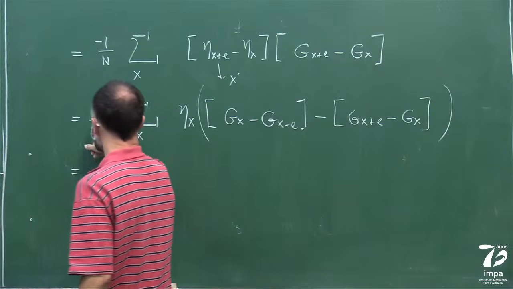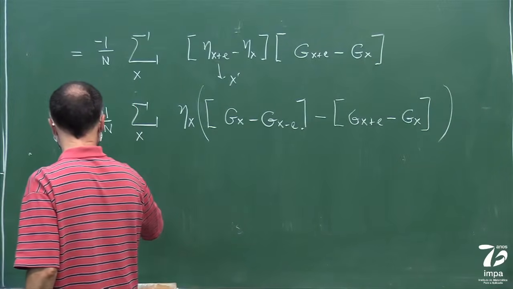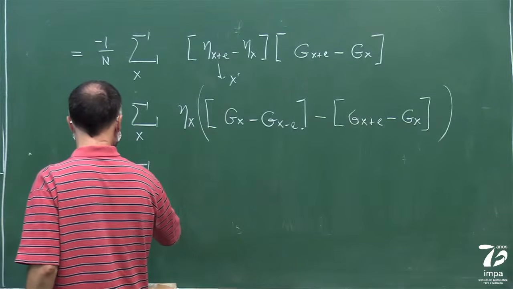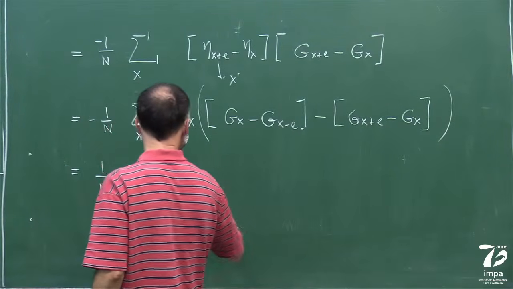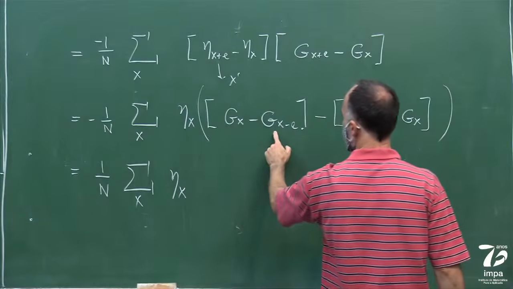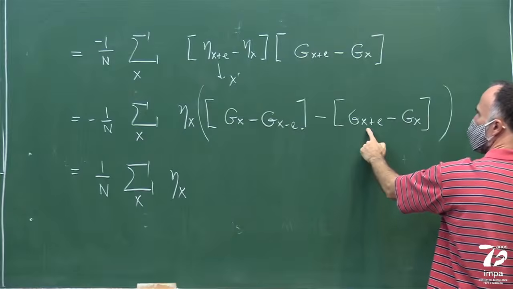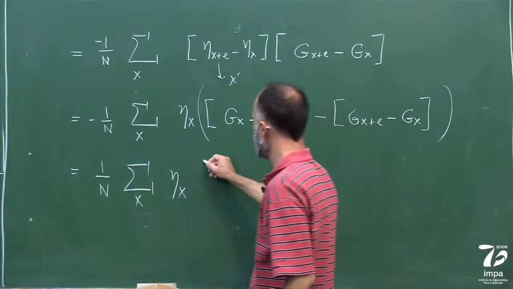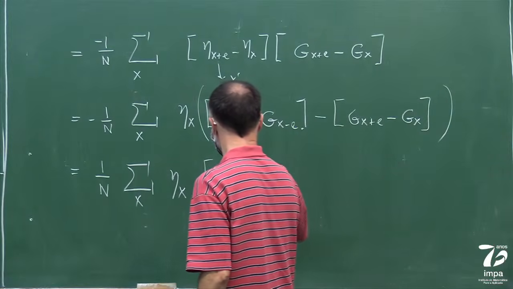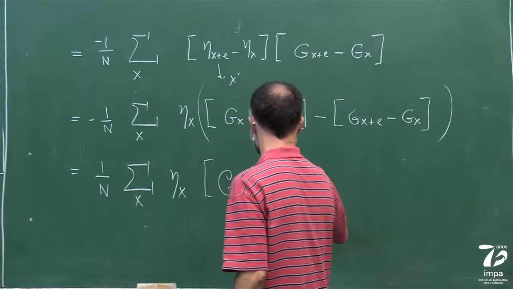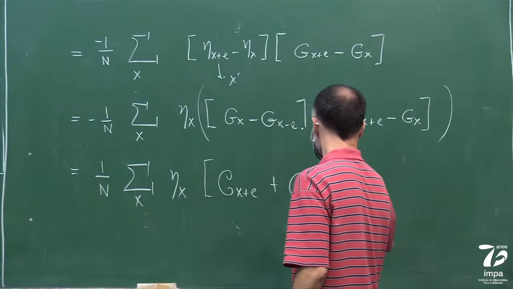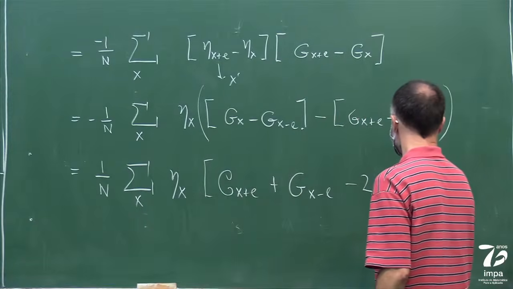And remember that I have a minus sign here, so this is 1 over n, sum over x, eta x. So there is the minus sign, so what I get is g of x plus e plus g of x minus e minus 2 times g of x.